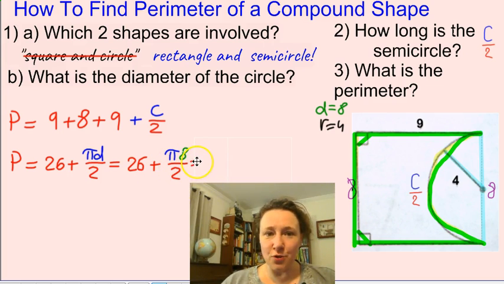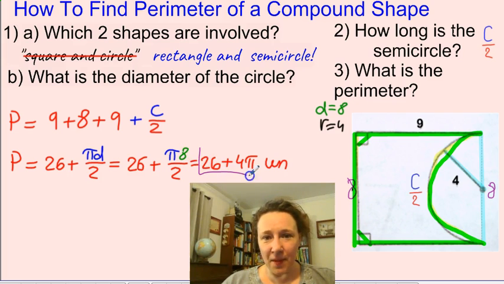And now I will ask you to simplify this expression and leave it in terms of pi. Your answer should be 26 plus 4 pi, and that is our final result. Let's just make sure that, as always, we mention that it's in units to the first power. That's all.